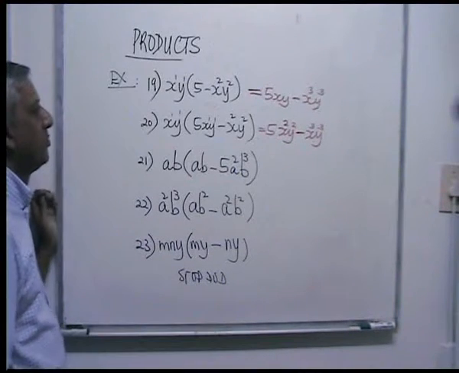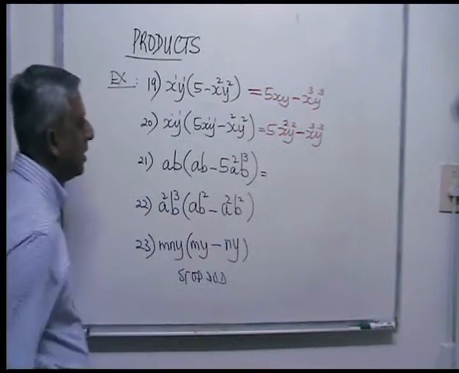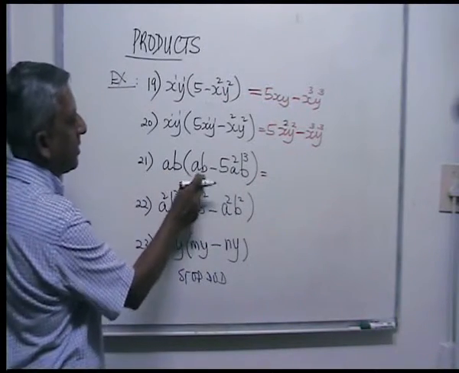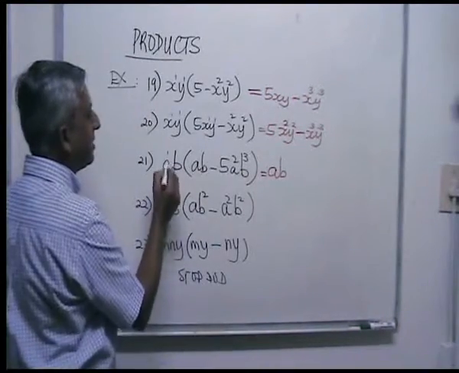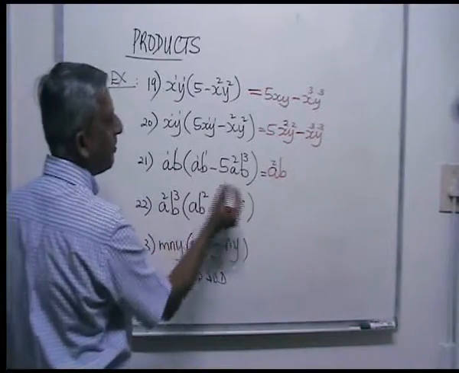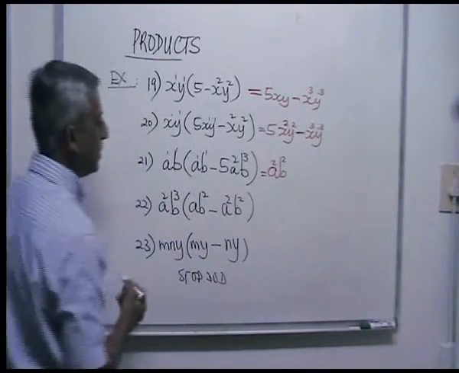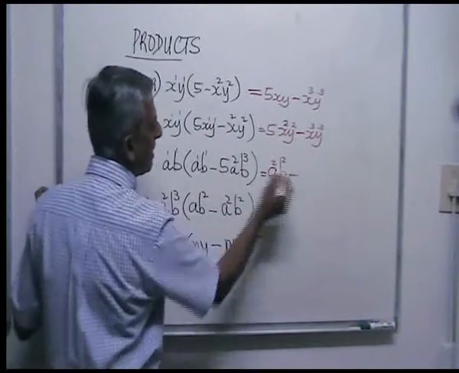Okay, let's move on with 21. You got AB and you got AB, so write down the bases 1 time. Add the indices up, 1 plus 1 for A will give you 2. 1 plus the 1 for B will give you 2. So that's A squared, B squared. Plus times minus is minus.